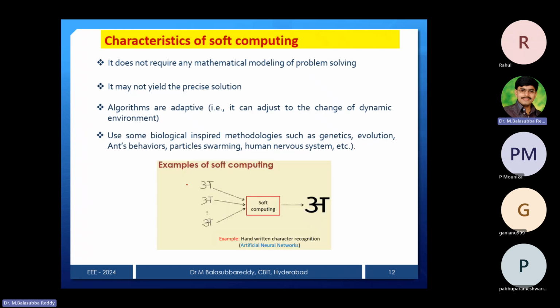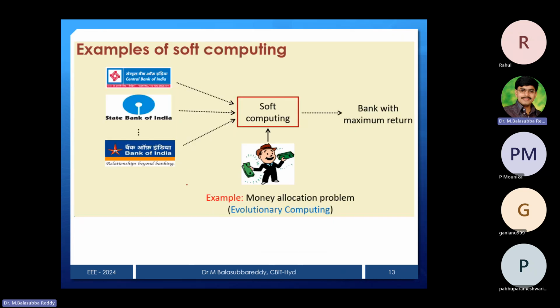We may have some kind of algorithm. Now you can see, when humans write letters in their own handwriting, it has to be recognized by the system. That is the point here. We need to identify that letter using an artificial neural network.